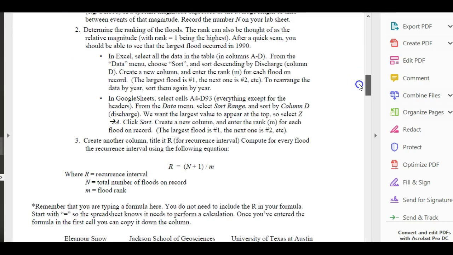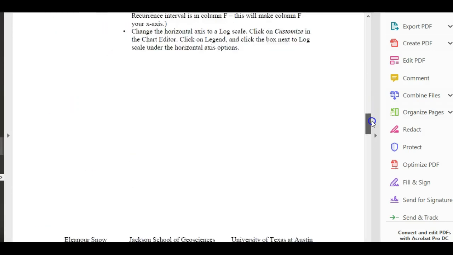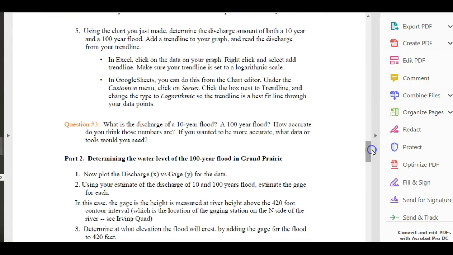About the discharge. It asked you, sorry, let me find question 3 here for you. Okay, right here. What is the discharge of the 10-year flood and the 100-year flood? They want to know about the 100. So go back and look at your worksheet. What was the discharge? You should have gotten about 65,000 cubic feet per second.